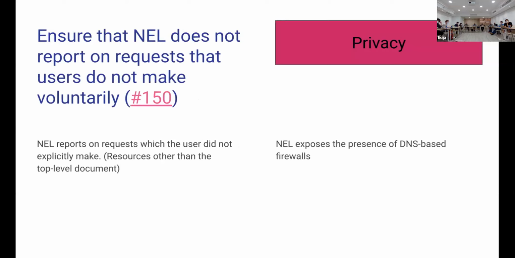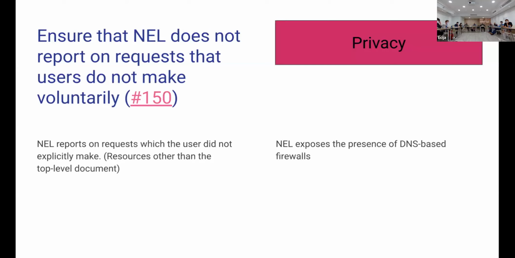One is that NEL reports on requests other than the top level document. And I believe that this might be a misreading of the original NEL paper. They put in a quote there that says that one of the principles is that we don't report on requests users make voluntarily.